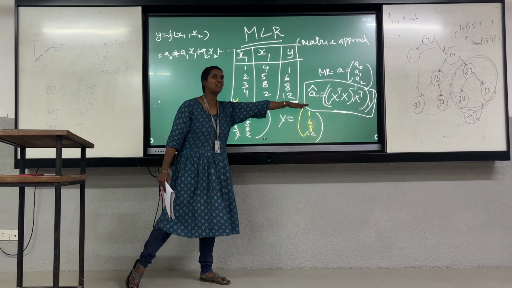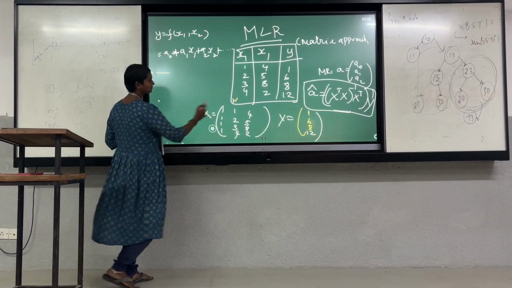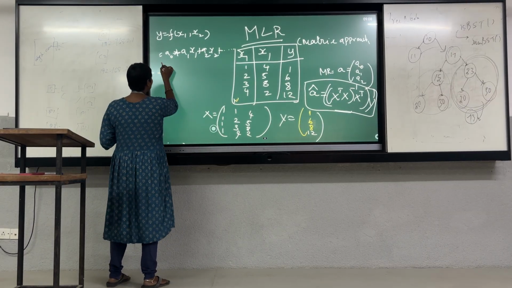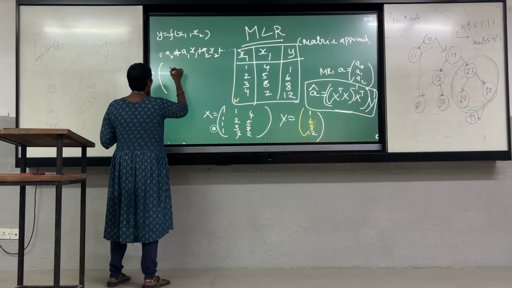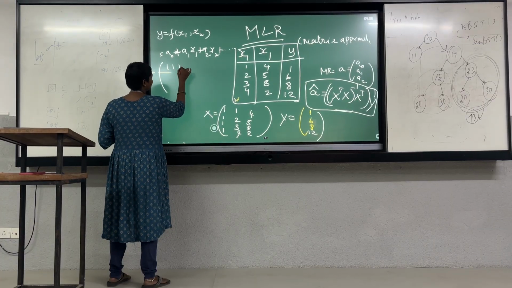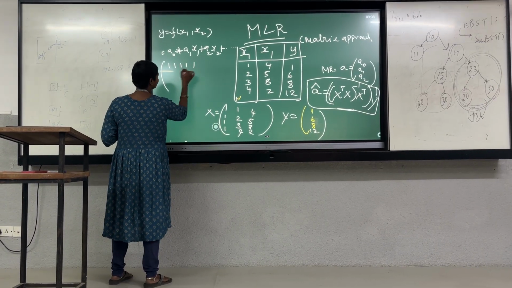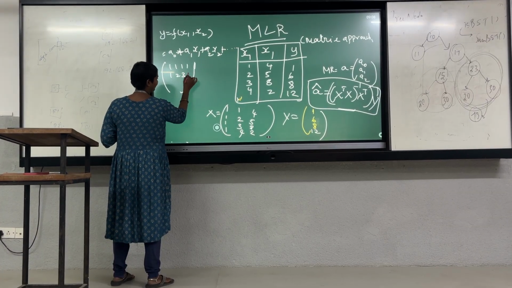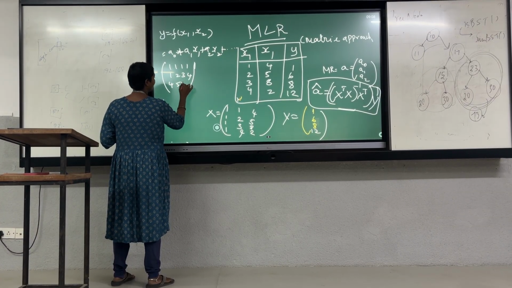Now we are going to apply the formula. What is X transpose? How do you change X into X transpose? 1, 1, 1, 1, then 1, 2, 3, 4, then 4, 5, 8, 2.